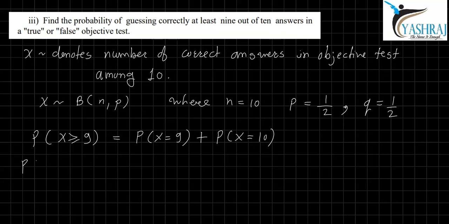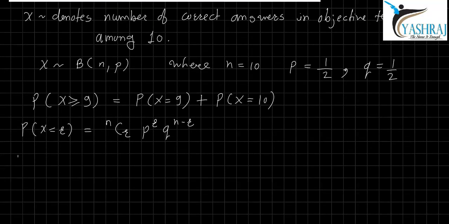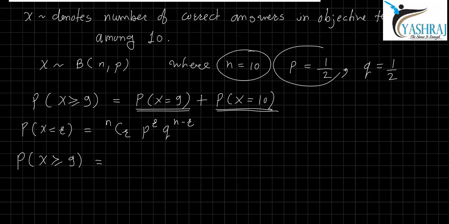Okay. So we have the formula for P of x equals r is of the form nCr p to the power r into q to the power n minus r. So now we have to replace P of x equals 9 and P of x equals 10 by our formula. Among them n equals 10, p equals half and q equals half again.